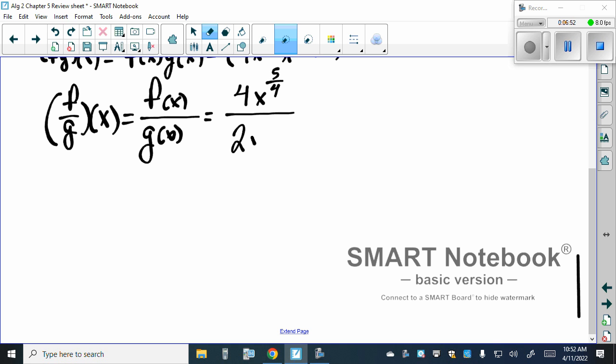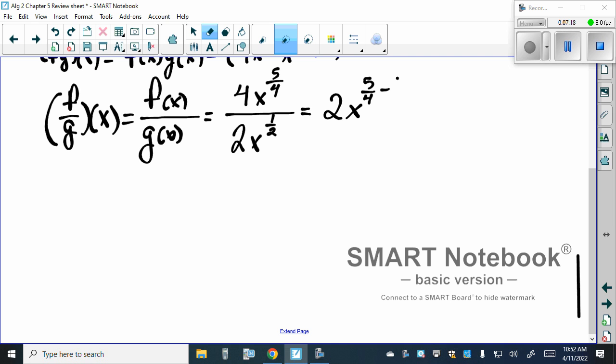G of x is 2x to the 1/2. Now at this point here we can divide. 4 divided by 2 is 2. Now when we divide like bases, x and x, we subtract their exponents.